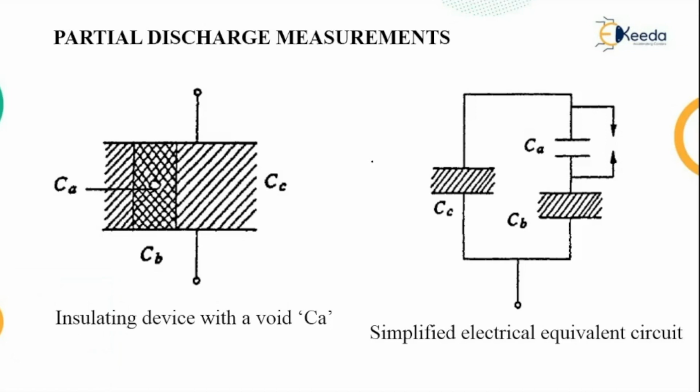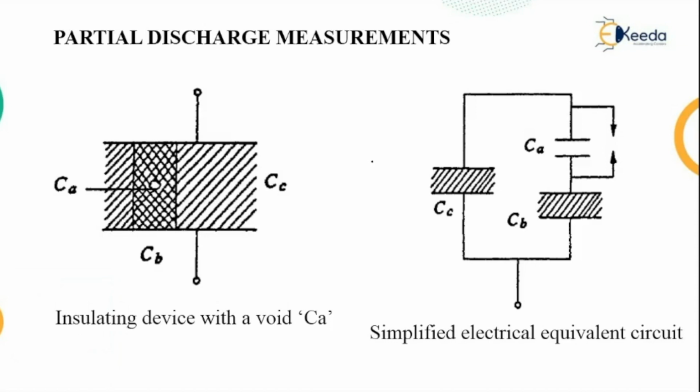So when the capacitance measurement is generally done, these imperfections cannot be identified. They can be identified only when there is a power loss component measurement.